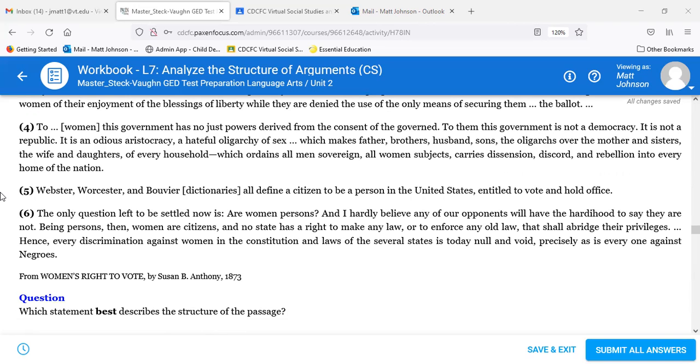Being persons, then, women are citizens, and no state has a right to make any law or to enforce any old law that shall abridge their privileges. Hence, every discrimination against women in the Constitution and laws of the several states is today null and void, precisely as is everyone against Negroes.